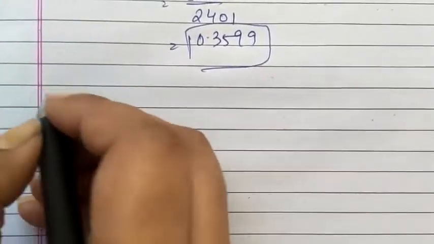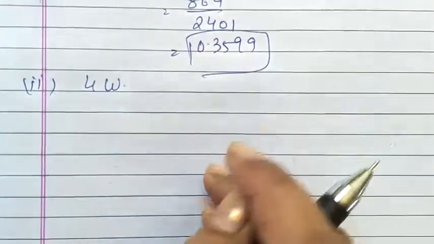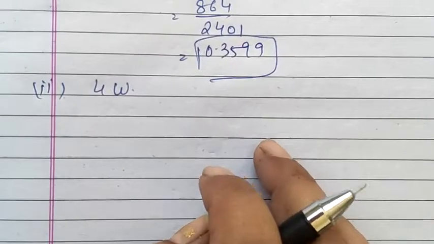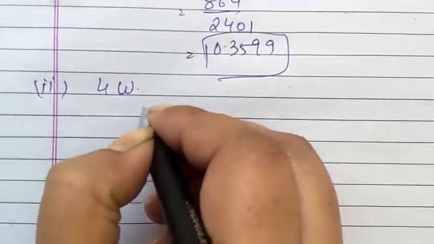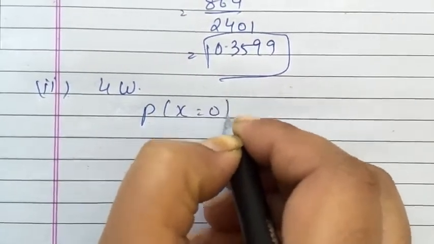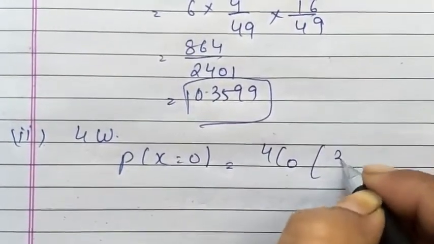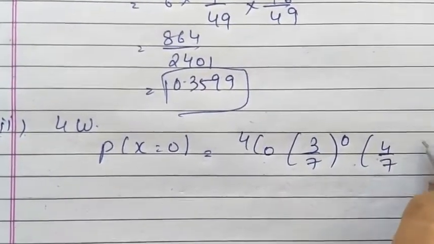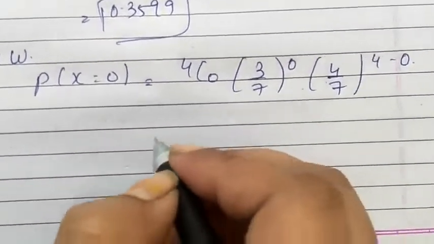Now the second condition which was given to us, 4 white balls, means the selected balls should be 4 white balls and none of them should be a red ball. That is P(x) where x is 0. So 4C0 into 3 upon 7 raised to 0 into 4 upon 7 raised to 4 minus 0.